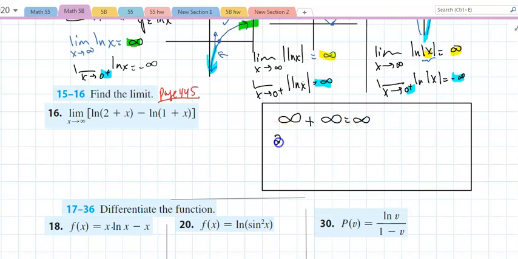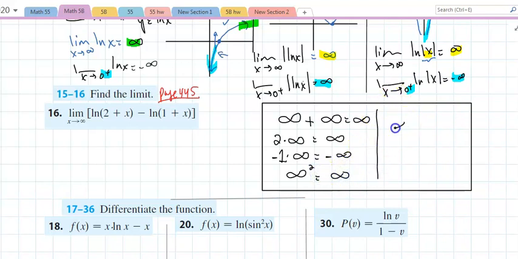What happens if I take 2 and I multiply it by a very large number? Wouldn't that be large? What if I take negative 1 and multiply that by a very large number? What if I take a very large number and I square it? Yeah. What if I take a very large number and subtract it from a very large number?